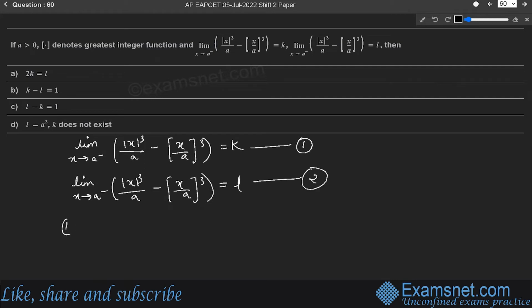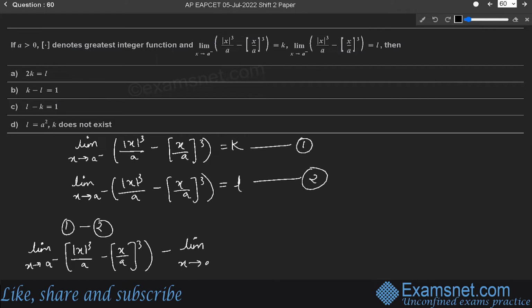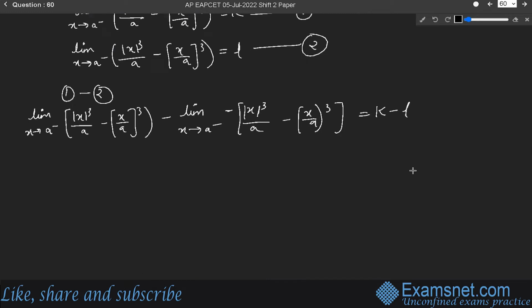Now, subtracting 1 and 2, which is equation 1 minus equation 2, we get limit x tends to a minus of [x cube upon a] minus [x upon a] whole cube, minus limit x tends to a plus of [x cube divided by a] minus [x upon a] whole cube, is equal to k minus L. So, on further simplifying, it will be 1 is equal to k minus L. So, we can say that k minus L is equal to 1.